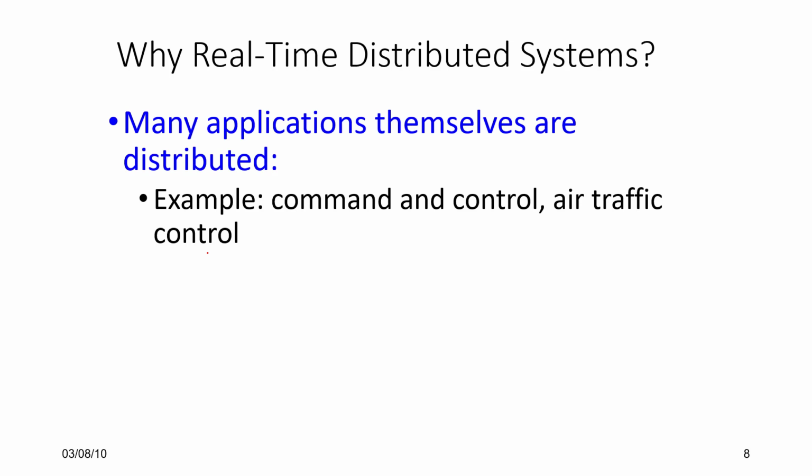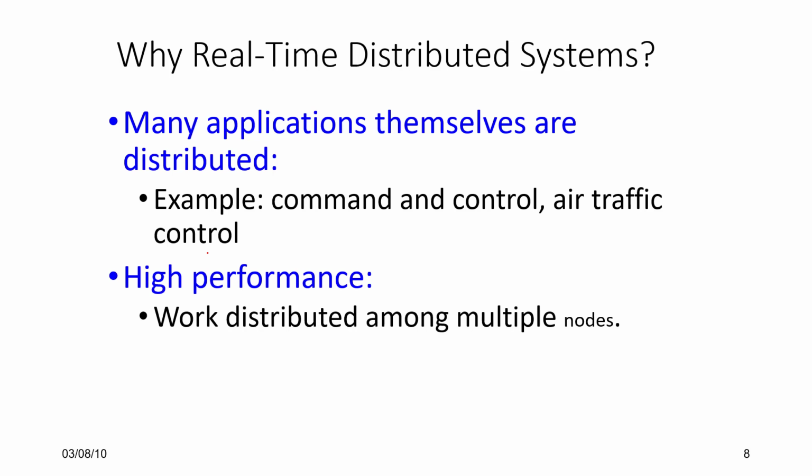So, why a real time distributed system? Because there are many applications such as air traffic control, military systems, nuclear systems, and so on, which are large, distributed, and which have real time necessities.